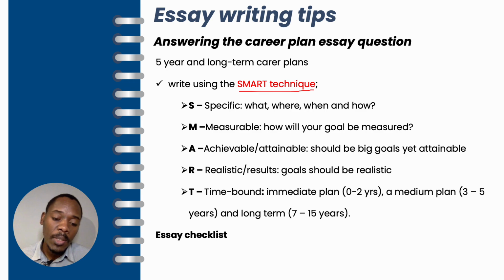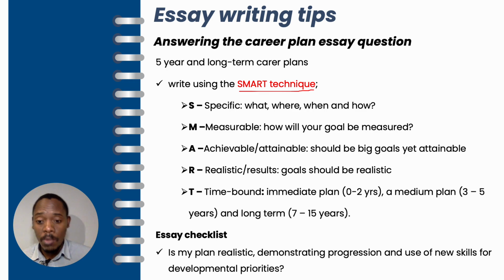This checklist is important. The first question you ask yourself, or the only question that you're going to ask yourself, is my plan realistic? Even as I'm dreaming big, have I written something that is realistic within the 5 years and in the long term? Have I demonstrated progress from my 5 years to my long term? Have I shown that this is how I'm going to use the new skills?